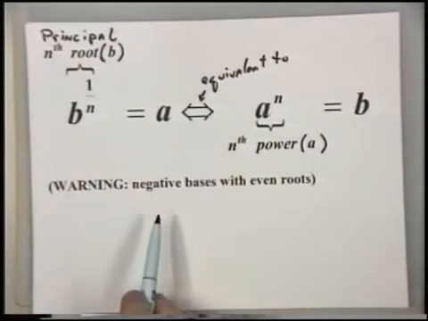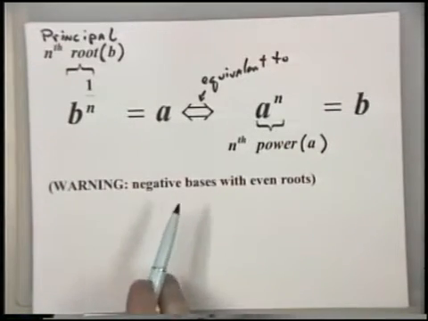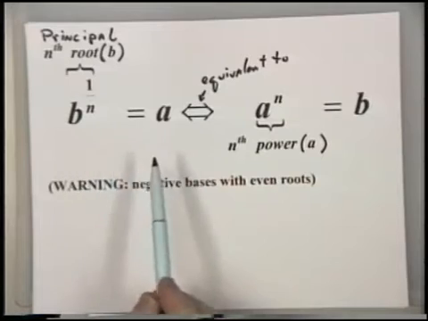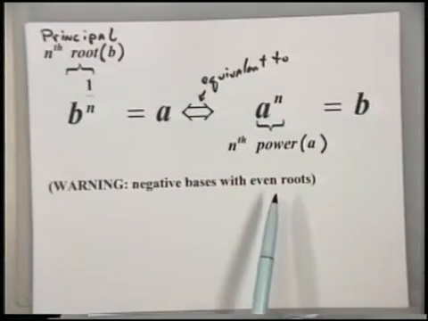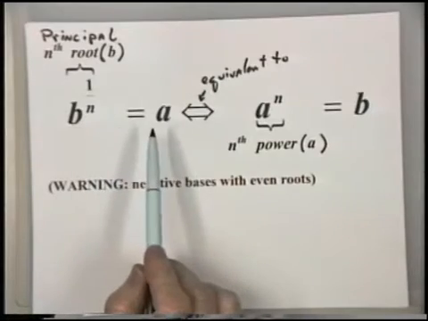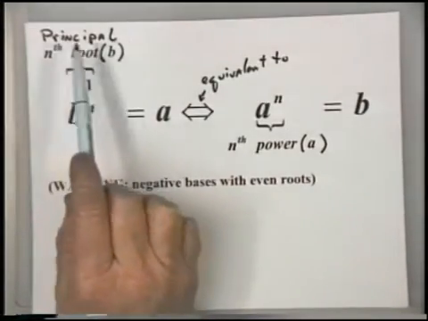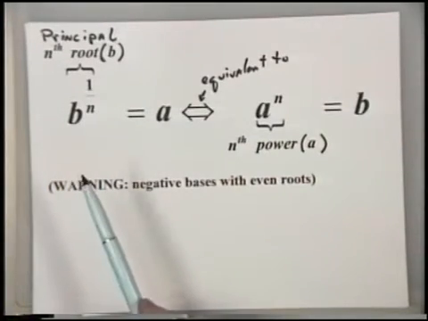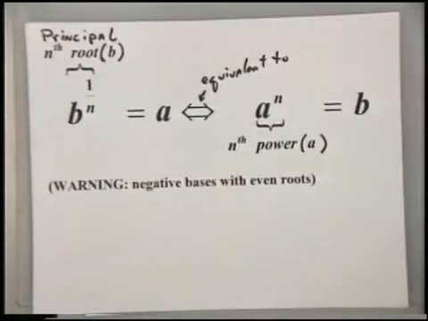And again, there's that warning, negative bases with even roots. Remember, that's the restriction we have to watch out for. Those aren't real. And also, in even roots, we always take the principal, or the positive, choice.